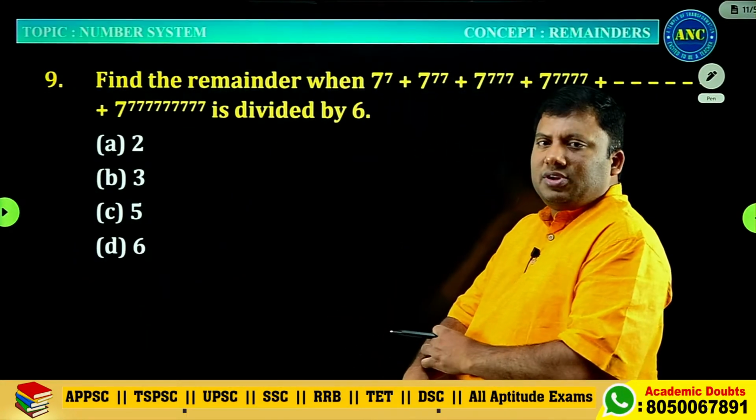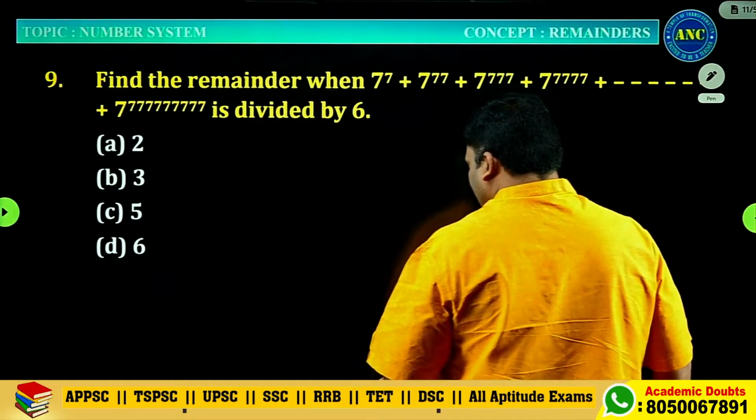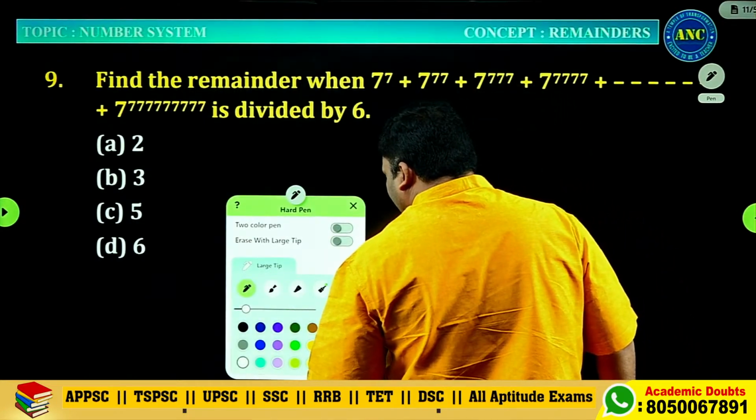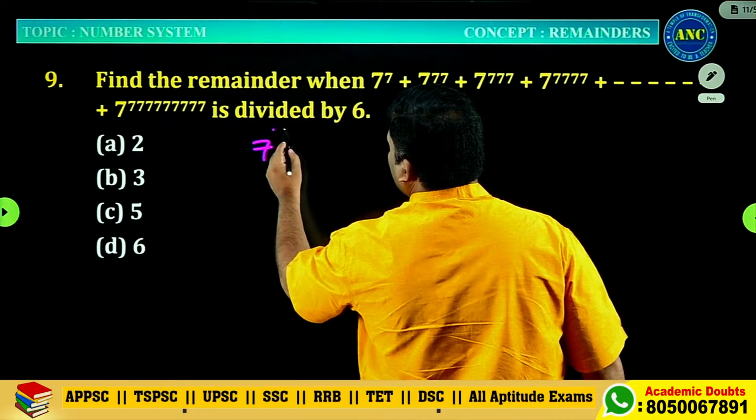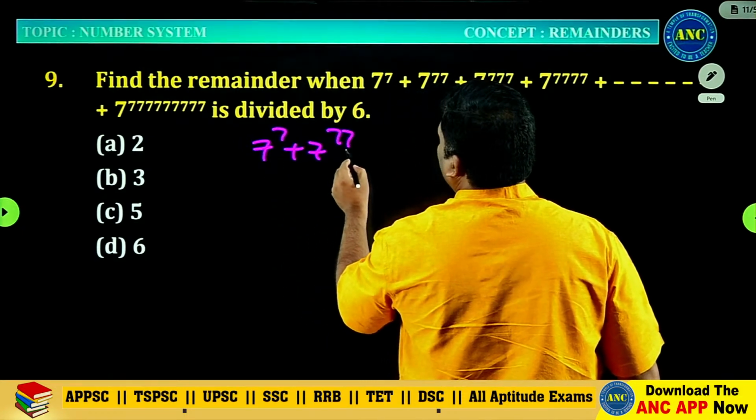Now you only tell me, sir. Please tell me. Anil sir said one approach. Let me use that approach. 7 power 7, 7 power 2 sevens.